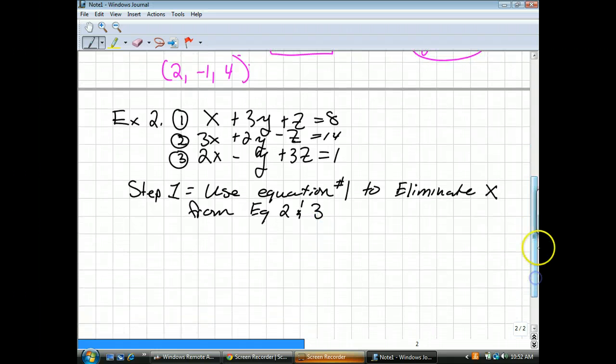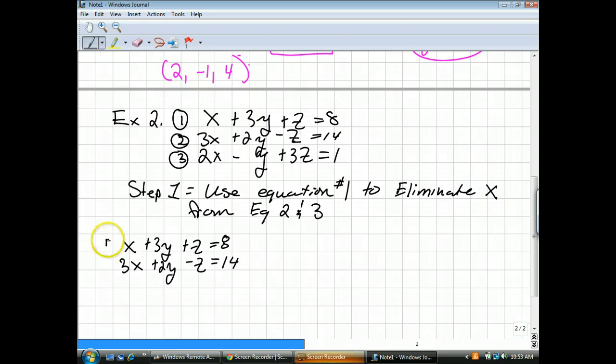Okay, so I'm going to take x plus 3y plus z equals 8 and 3x plus 2y minus z equals 14. And so this is equation 1 and equation 2. And what I want to do is eliminate this x from equation 2.